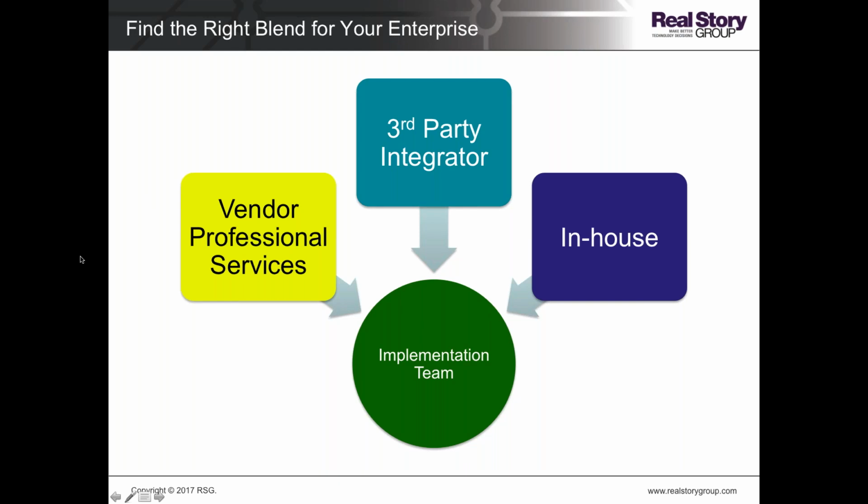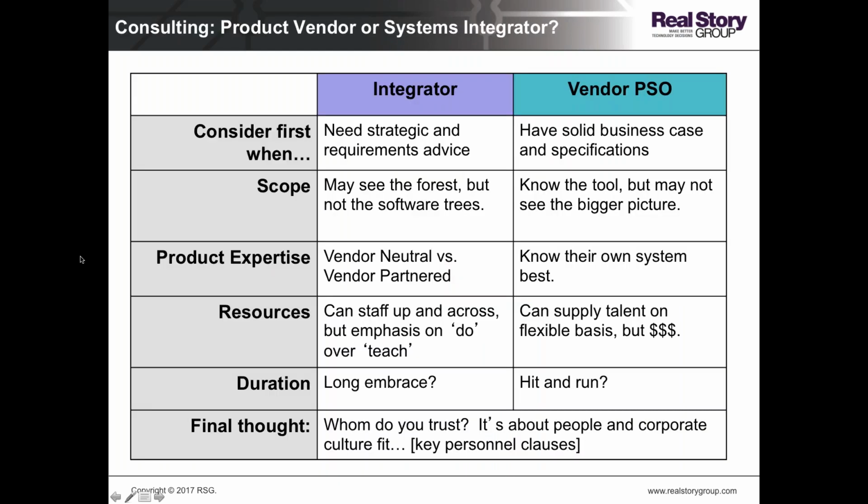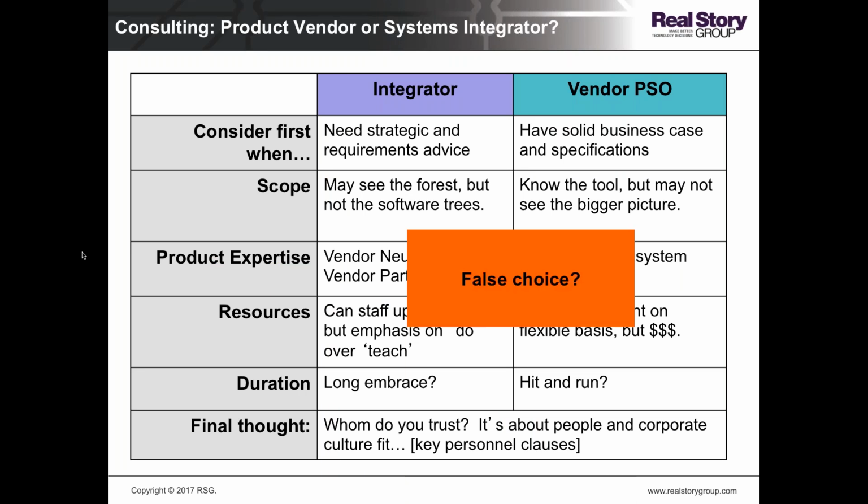People often ask, should I go right to my vendor professional services organization, or should I go to the integrator? That's the big question that people come up to when they say, we can't handle this ourselves. We need to go one direction or the other. But what we found is, in most cases, you need some help from both, and this is a false choice.